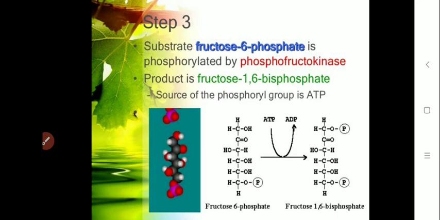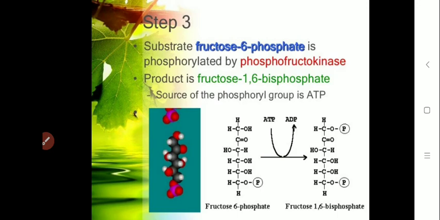Here the new hydroxyl group on carbon 1 is phosphorylated by ATP in preparation for the formation of 3 carbon sugar phosphates. Fructose 6 phosphate is phosphorylated by ATP to form fructose 1,6 bisphosphate.